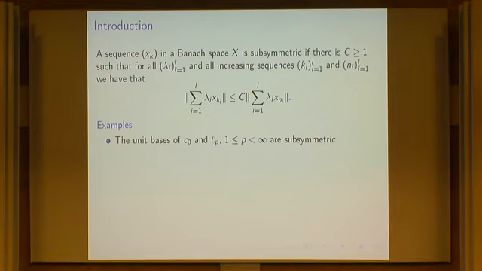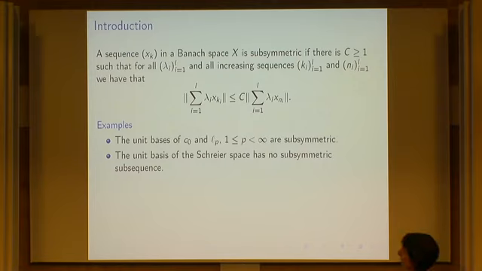The simplest examples are the unit bases of c0 and ℓp. It is easy to compute and prove they are subsymmetric. Then you have the unit basis of the Schreier space, which has no subsymmetric subsequences. So this is the easiest example of a sequence with no subsymmetric subsequences.